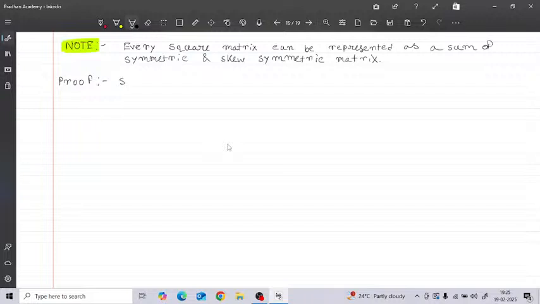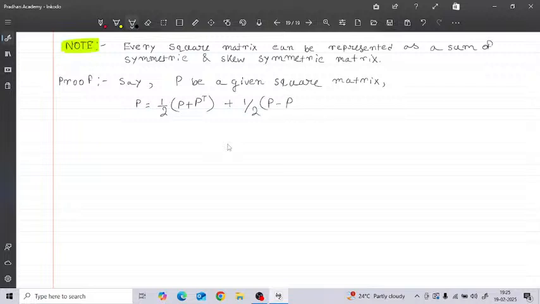Suppose P be a given square matrix. Now I can write this P as half of P plus P transpose plus half of P minus P transpose.